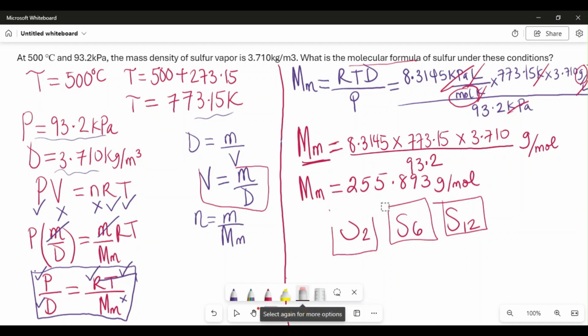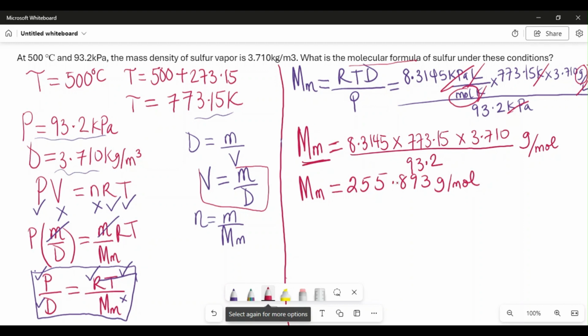Now, the way you're going to do that basically is for you to use the information with sulfur. We see that the molecular mass is 255.893 gram per mole, then we have to remember that this is just the molecular mass of sulfur. We have to remember that sulfur itself is an atom, right? And the atomic mass for sulfur, meaning one sulfur atom, which is one, versus a molecule, which is more than one, right?